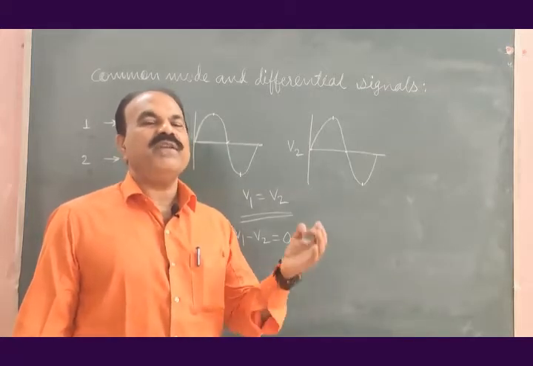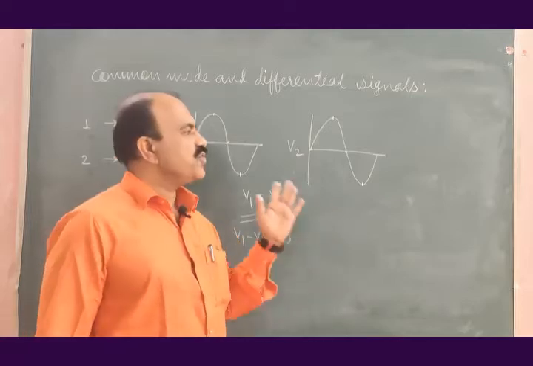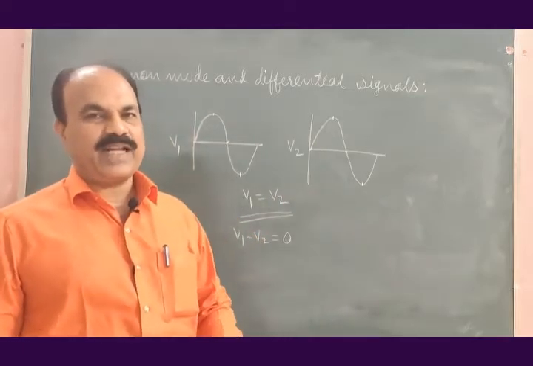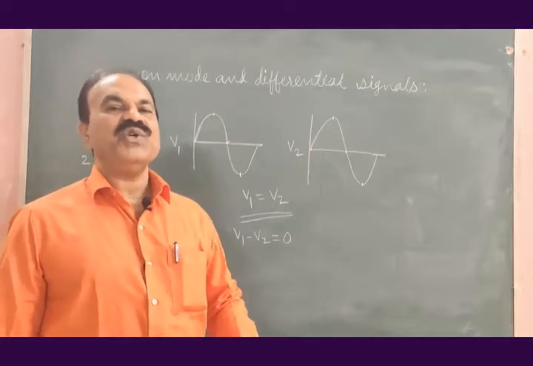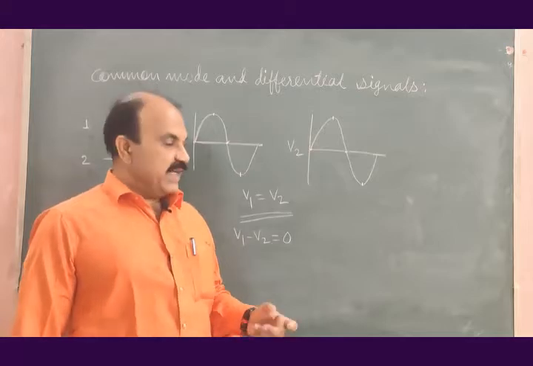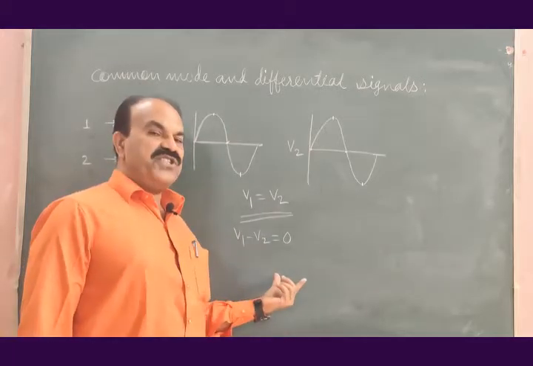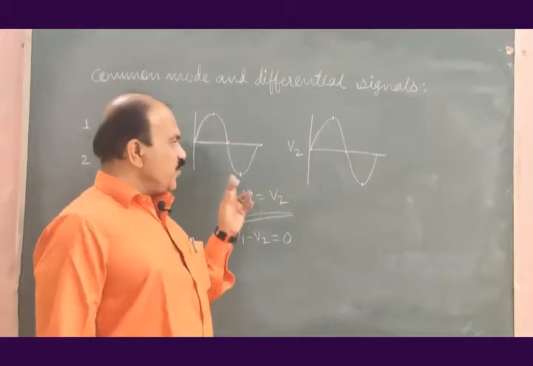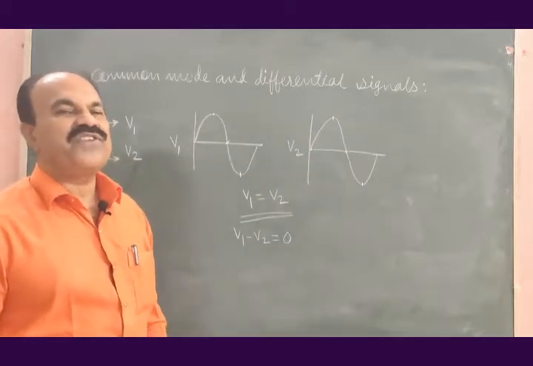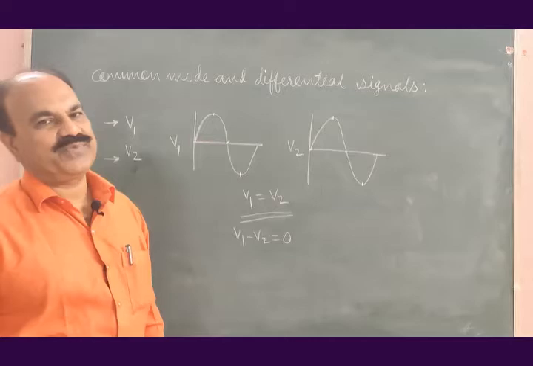The differential amplifier is never used in common mode signal, because the difference of the two input voltages in common mode signal is 0, and so the output of the differential amplifier will be 0.